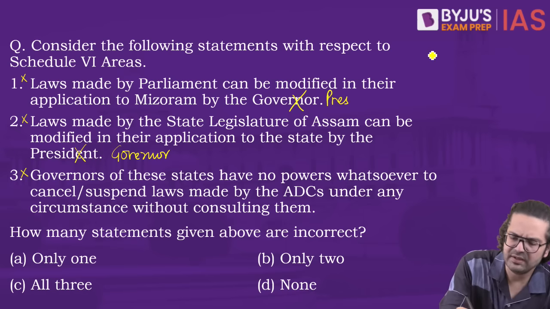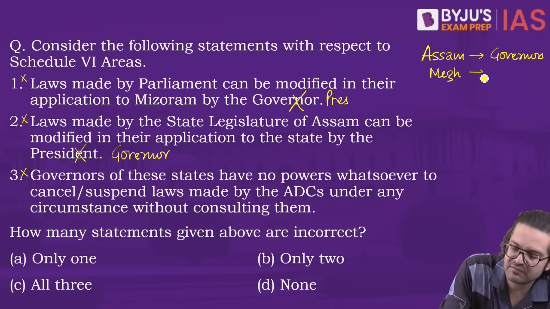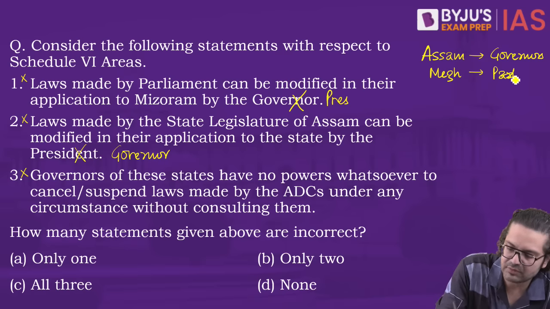Just to clarify, in case of Assam, modification in laws, whether made by center or the state, is done by governors only. In the case of Meghalaya, modification in laws in their application, whether made by center or states, is done by the Parliament only. Sorry, the President only. Not the Parliament, the President only.